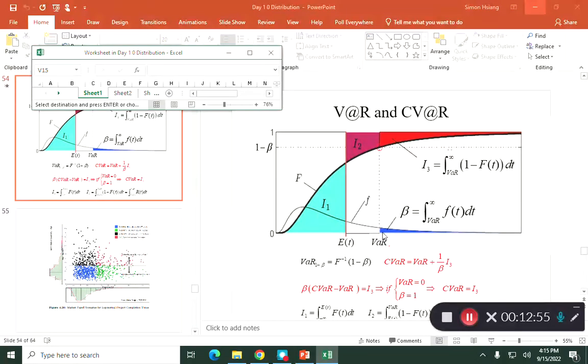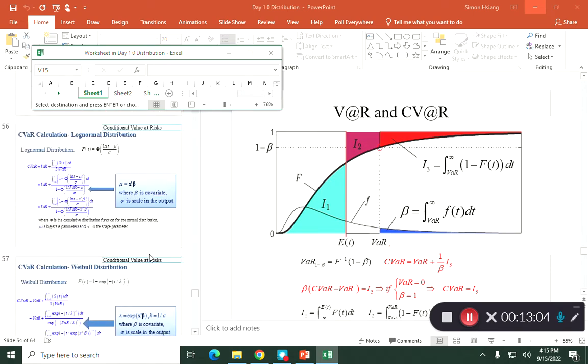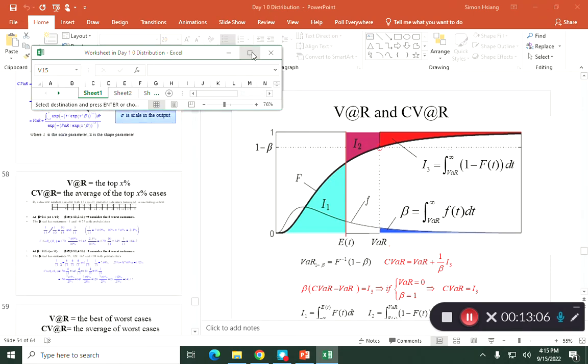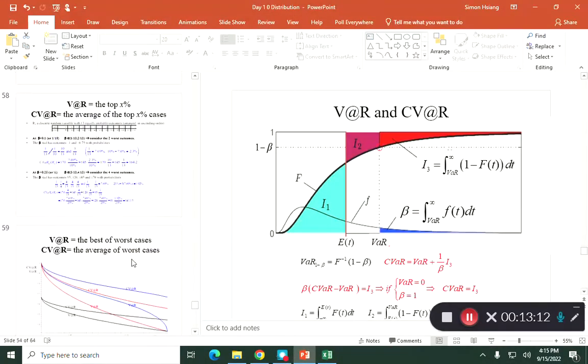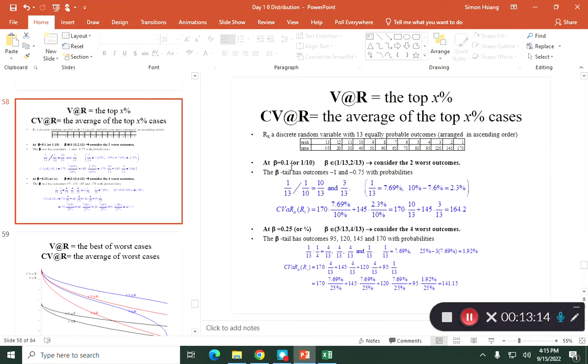Agree? If I know that distribution, the tail value, I know my beta, I know my blue. Agree? So now, let me just make this example simple. What if I said, hey, give me a beta level at 10%.